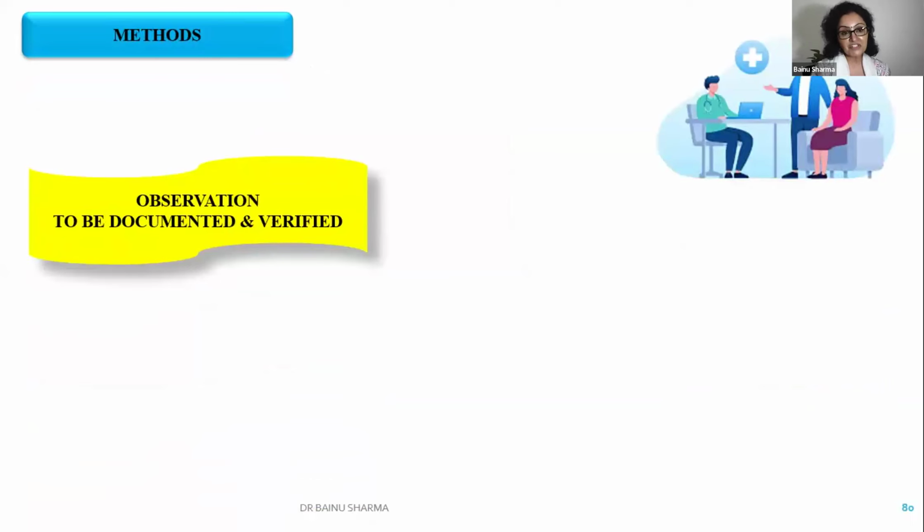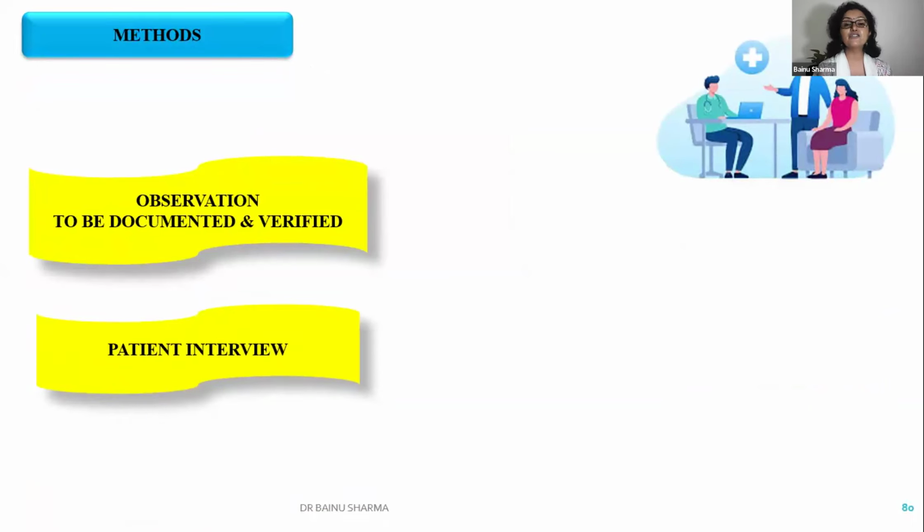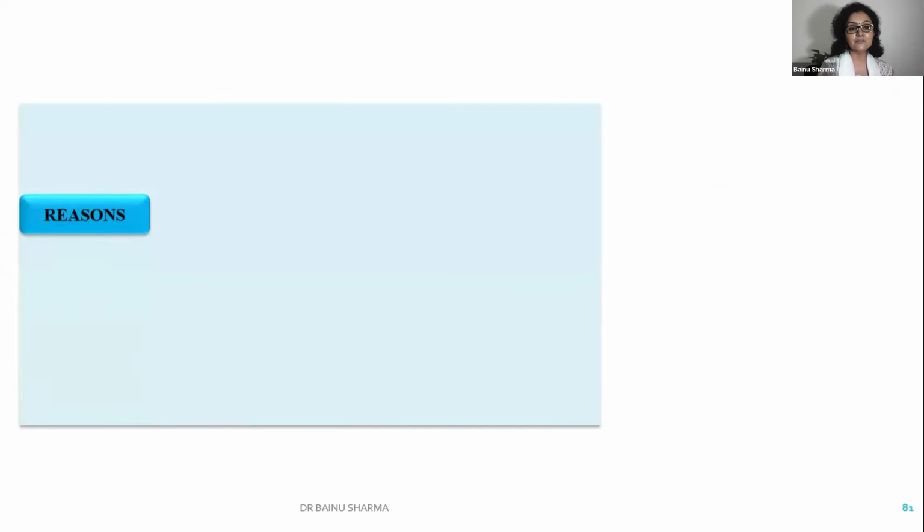So we observe the patient, then whatever observations we are making, we document that. We have to verify that. Then we take a detailed interview of the patient. That also we are documenting. So that is how this methodology goes on in the case taking.